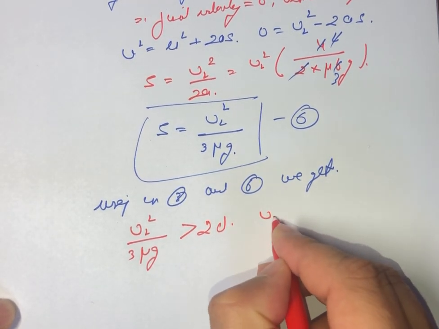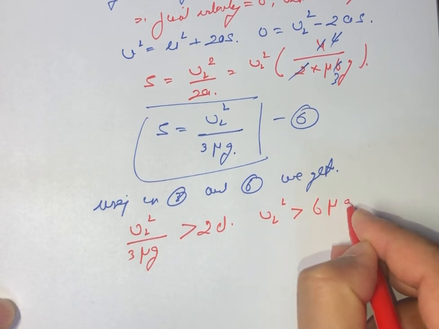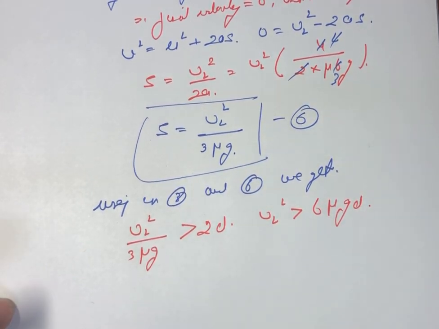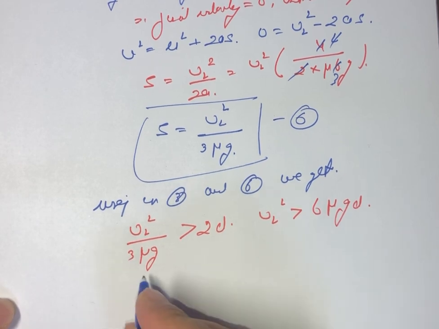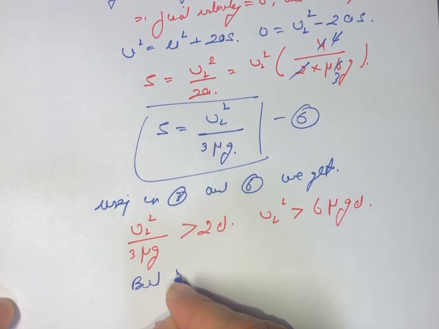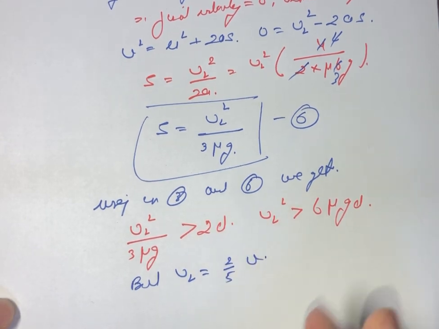From here we can say v2 squared is greater than 6 mu g d, but we already know that v2 is 2 by 5 times v.